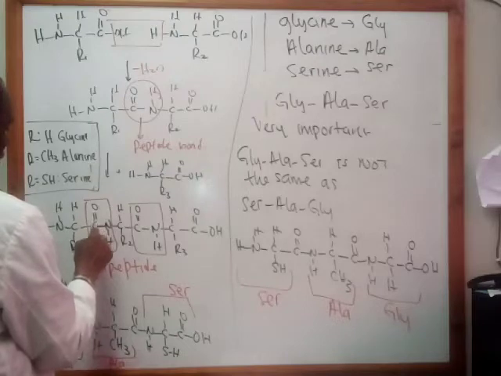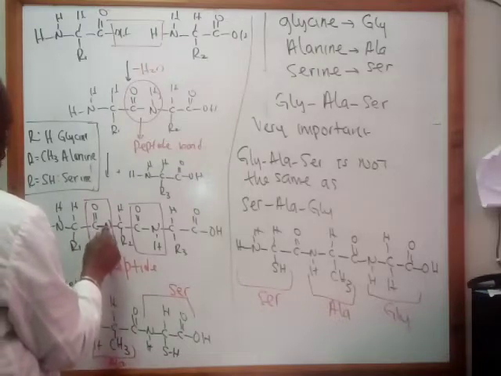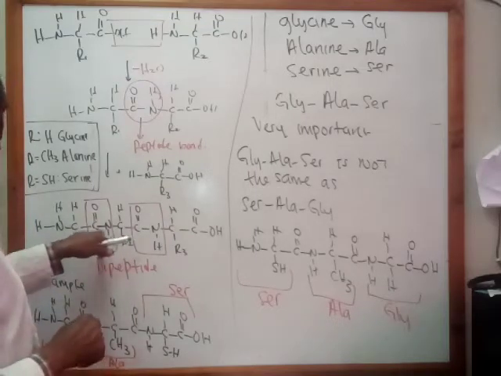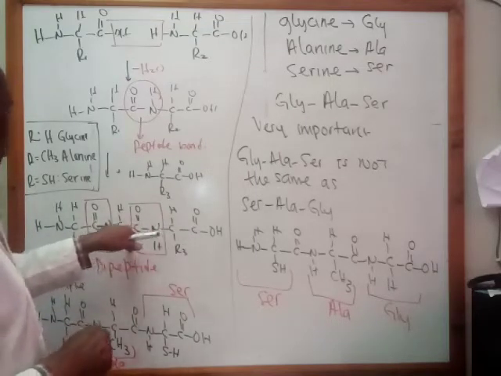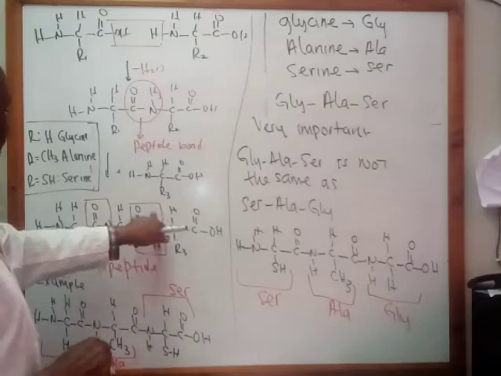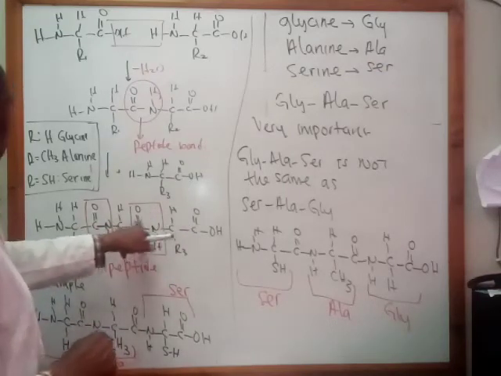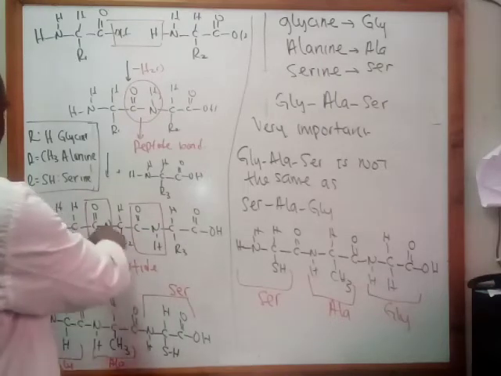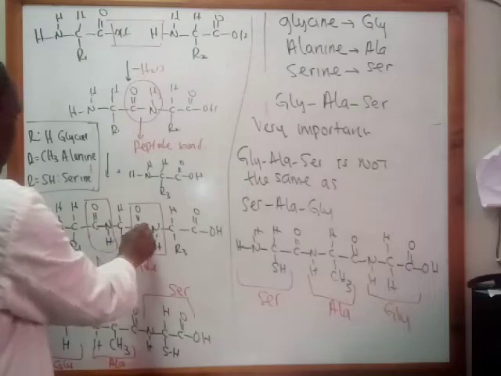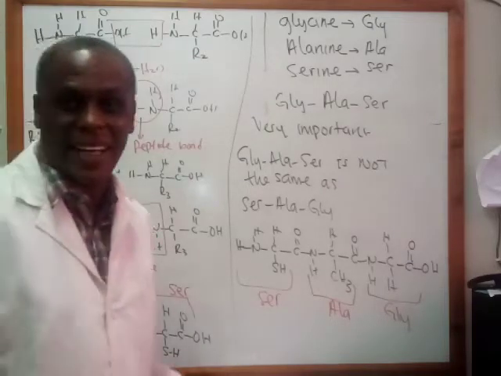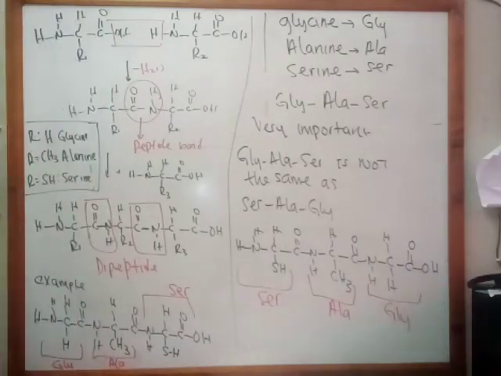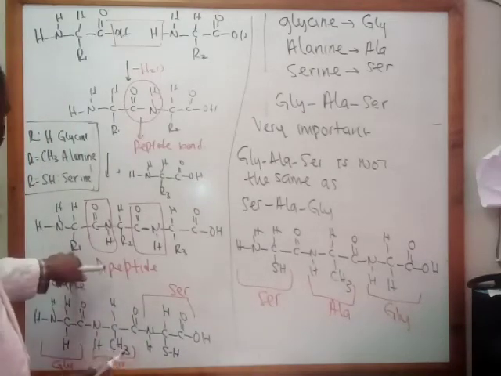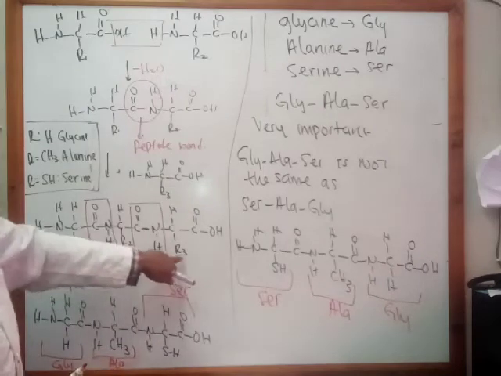The carbonyl group is losing an OH, and the amino group is losing a hydrogen, so you're losing water. Also, in forming the second peptide bond, you're also losing a molecule of water. So this one is the first peptide bond, this the second peptide bond, and this one is called a tripeptide. Can you see that one? It's getting a bit complicated, but you can see there is R1, there is R2, and then there is R3.